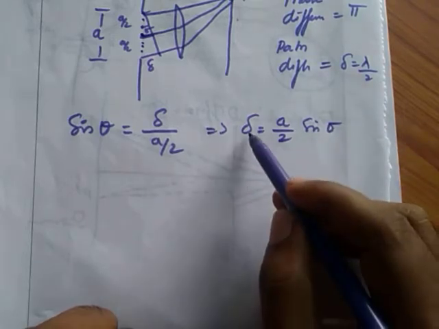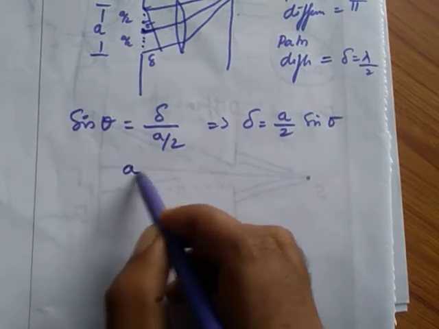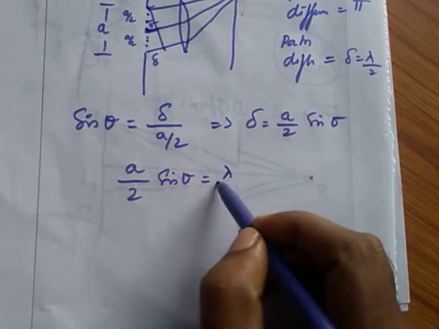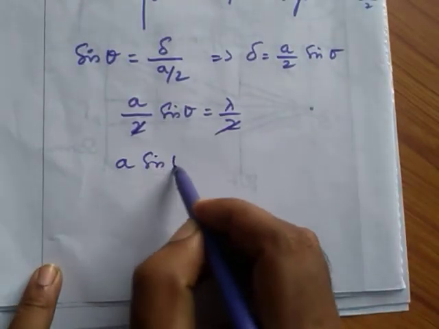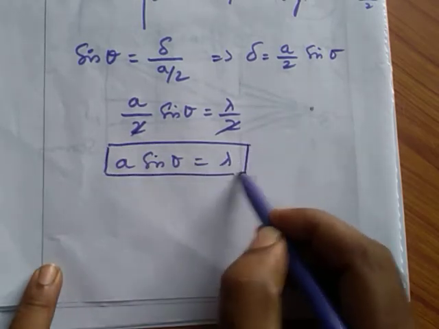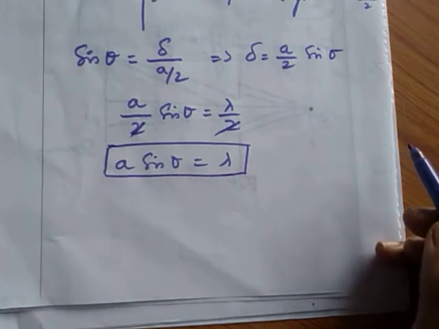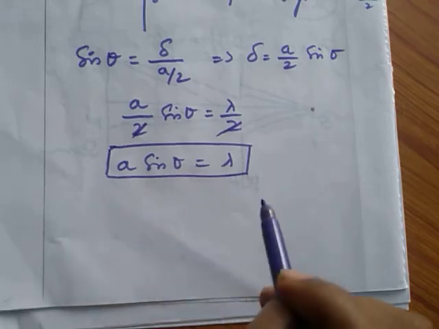Equating delta to lambda by 2, we get a by 2 sin theta is equal to lambda by 2. The 2 cancels, so a sin theta is equal to lambda. This is the condition for point P to be first minima.